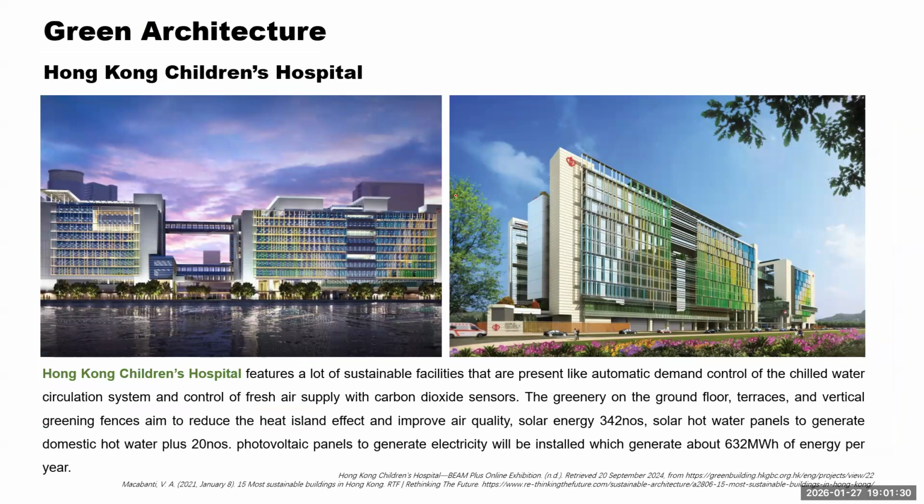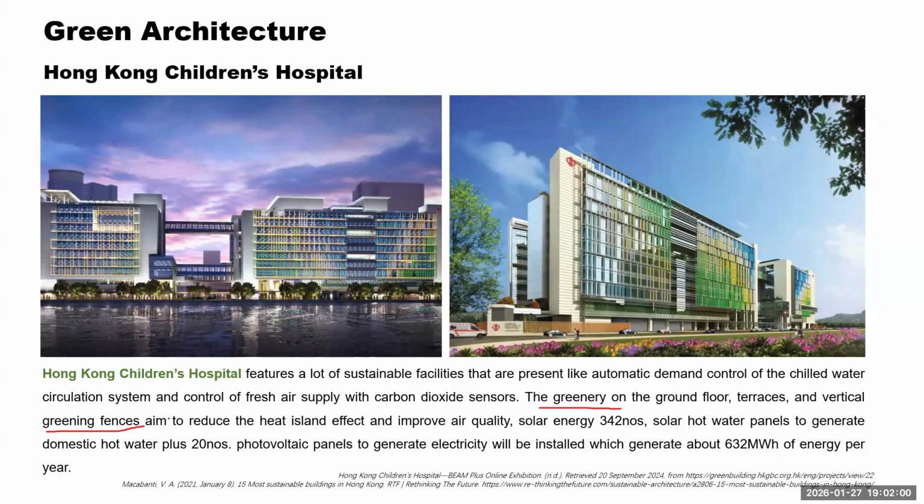So in Hong Kong, in fact, we have several outstanding green architecture examples, including the Hong Kong Children's Hospital. We can see they introduce greenery not only on the ground floor, but also terraces and vertical greening fences.